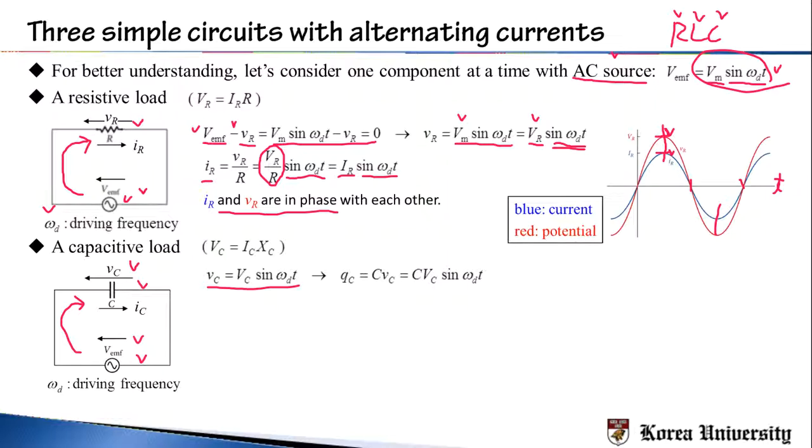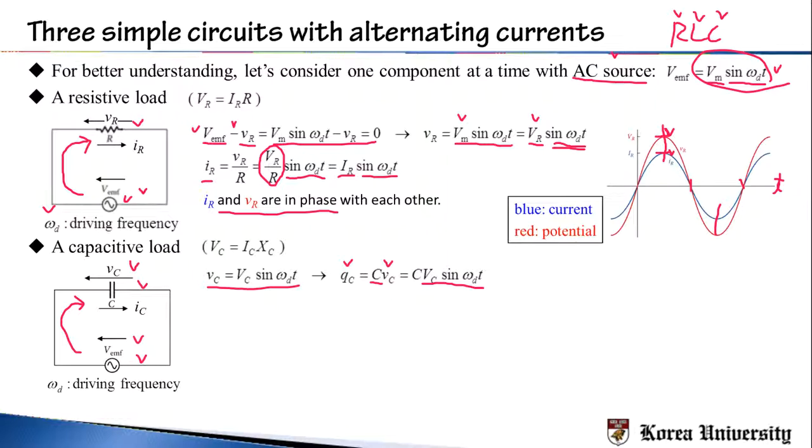And from the capacitor, we learned that the voltage across the capacitor is directly related to the charge in the capacitor, and the proportionality constant is the capacitance, Q equals CV, right? If you remember that, then you can figure out that the charge in the capacitor also changes as a sine function, right?